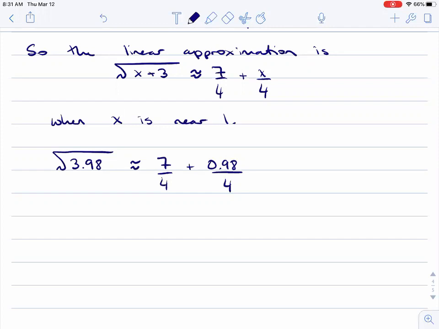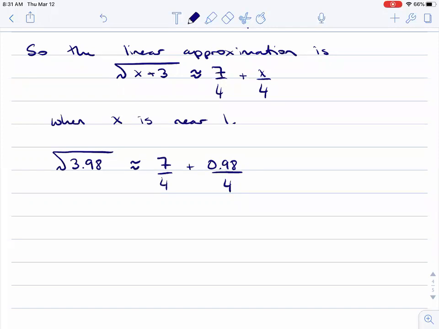So here's what I mean: if we didn't have calculators, our arithmetic would be way better. I don't feel comfortable taking 0.98 divided by 4, right? But of course, that's because I've had a calculator all my life. And so it's not that bad, right? We can divide it and we can figure it out.